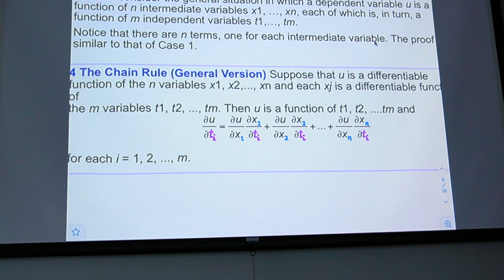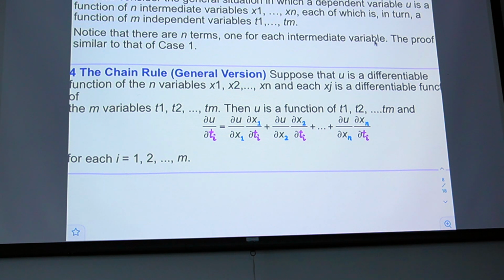Maybe think about it this way: partial u with respect to the first component, times the partial derivative of the first component with respect to ti, etc. That's the pattern right here.